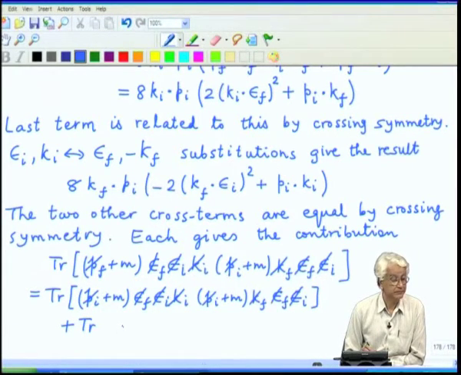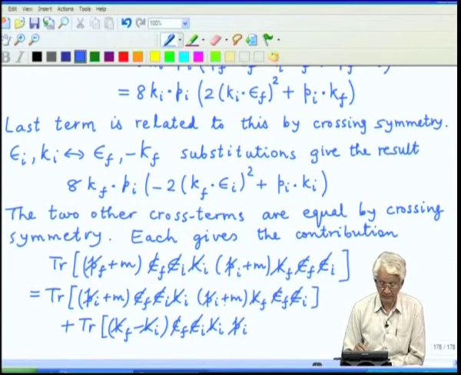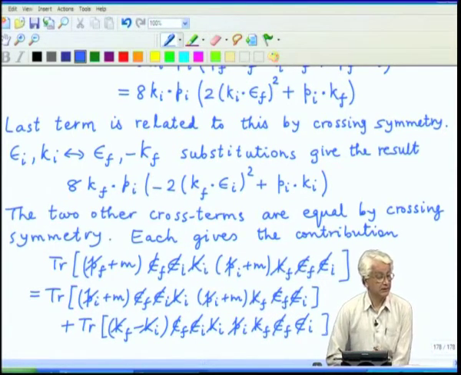So, k f minus k I together with epsilon f slash, and here the mass can be dropped because that gives an odd number of gamma matrices with 0 trace.